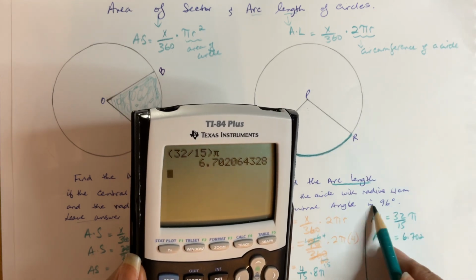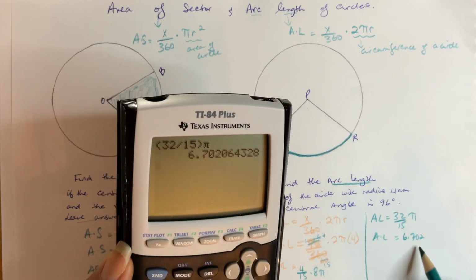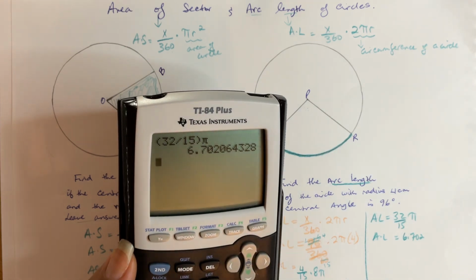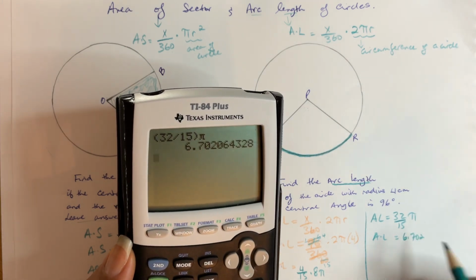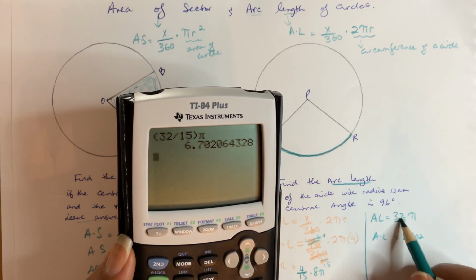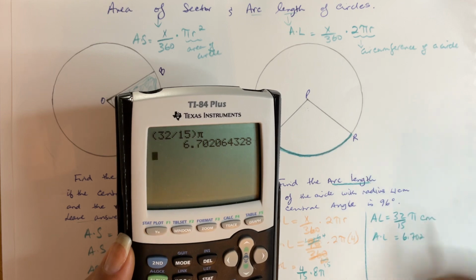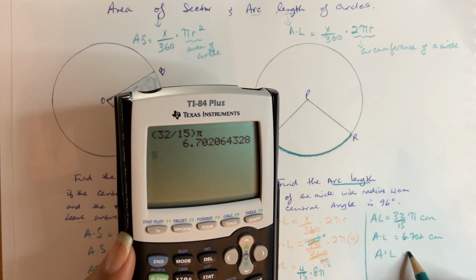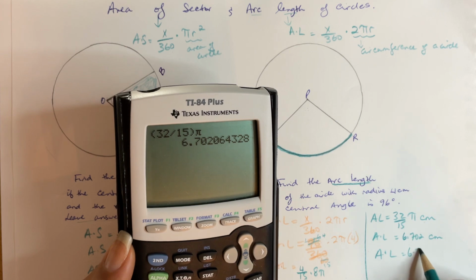They never tell you to leave your answers in pi or in whatever decimal, but in case it tells you to leave your answer as pi, you leave it as pi right here, which would be this, and you have your centimeter. Or if you're asked to round to the nearest 100th place, it is 6.70.